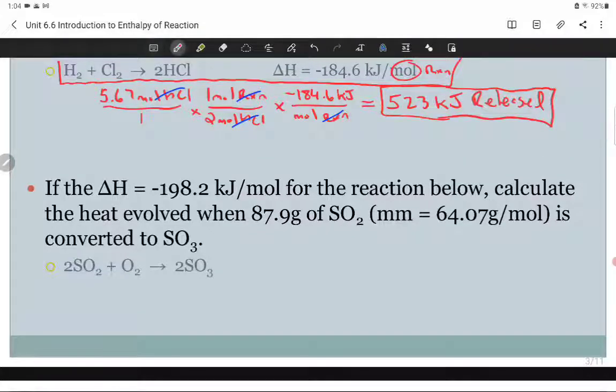Okay, many of these questions we can use that factor label technique, and I think we're going to be able to use it with this question also. You could dive in a couple different spots here, but I'm going to start off with the 87.9 grams of SO2. The molar mass is given to us, so that's nice, we don't have to worry about figuring out what it is.